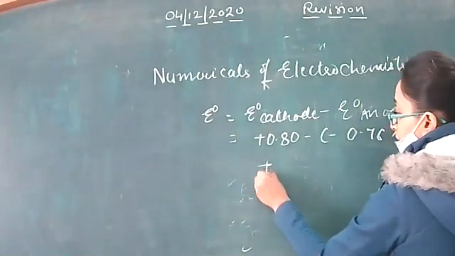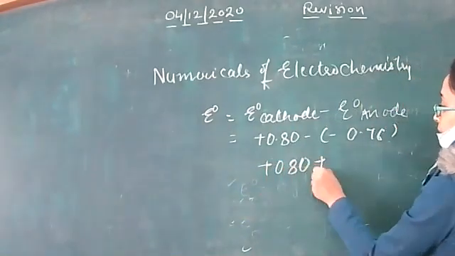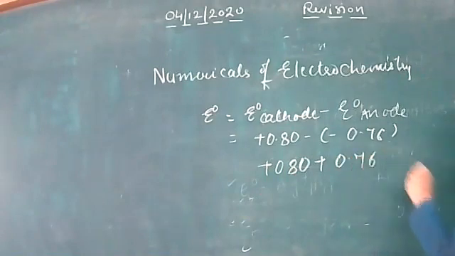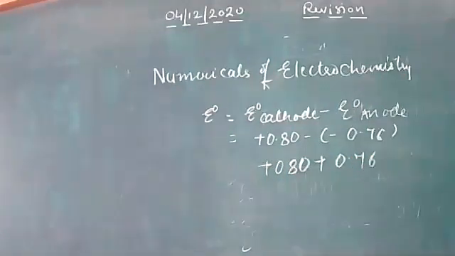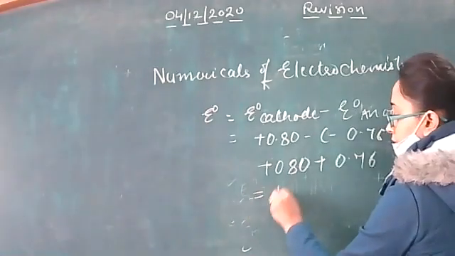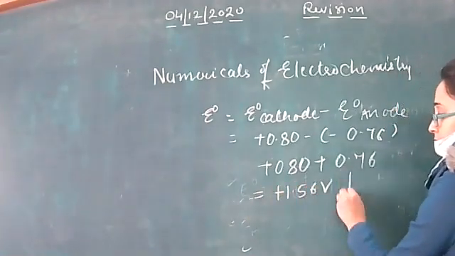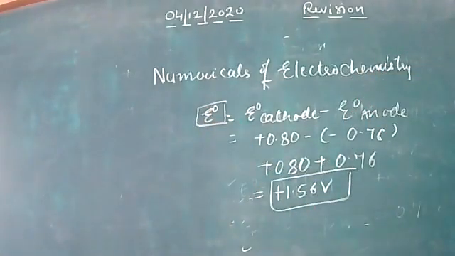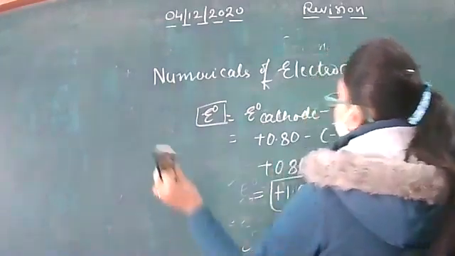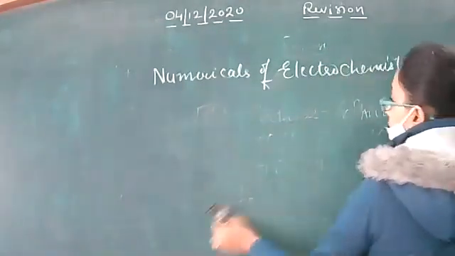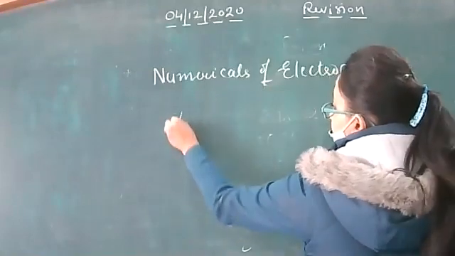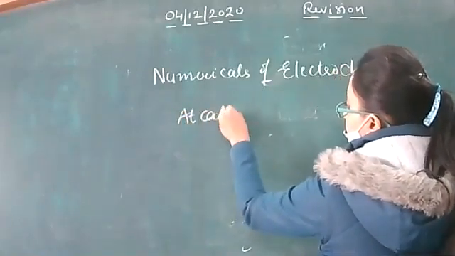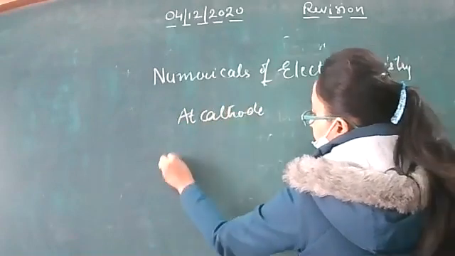So it will be 0.80 plus 0.76, and the value you get is 1.56 volt. So here we got E naught, but we have to find EMF in this particular reaction. Now we have to find the number of electrons involved. At cathode and at anode.